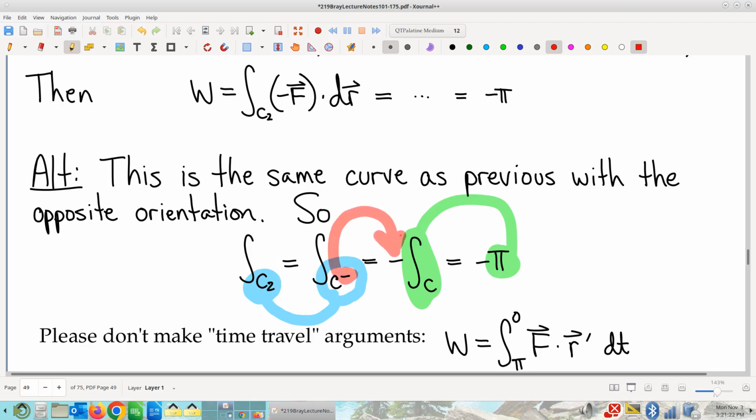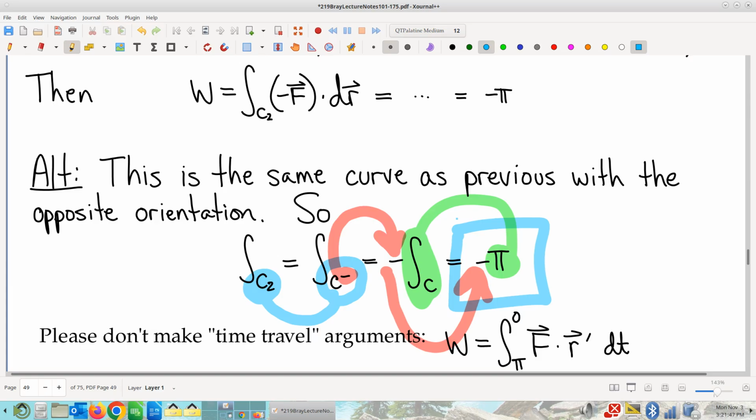And of course, orienting in the opposite direction gives you a minus sign. So if you want to know the integral over this second curve, oriented clockwise instead of counterclockwise, it's just the negative of what we already computed, and therefore, altogether, negative pi. Done.